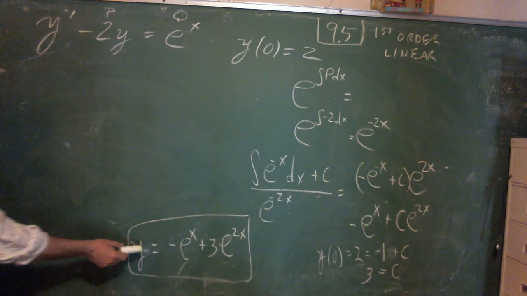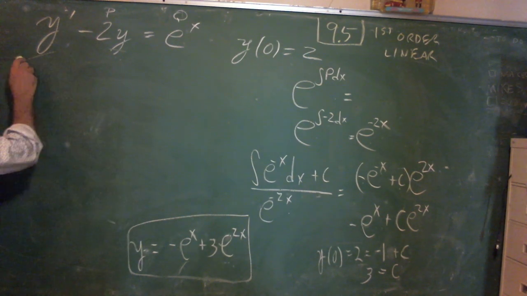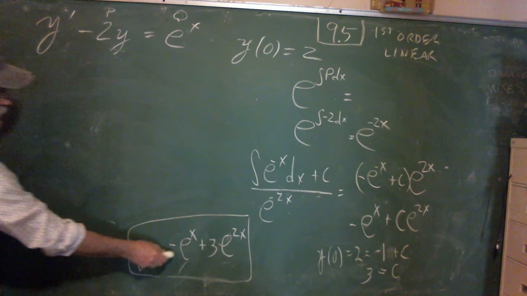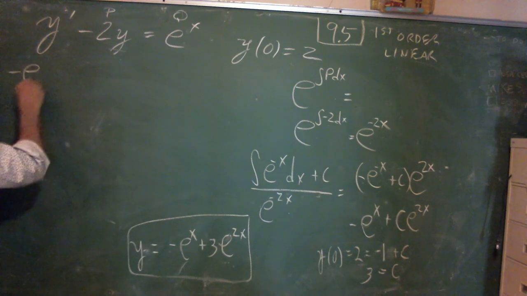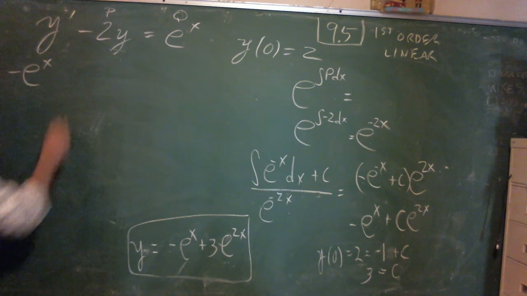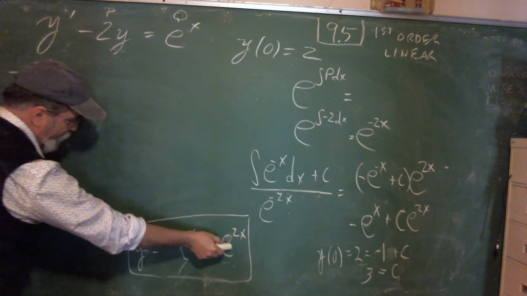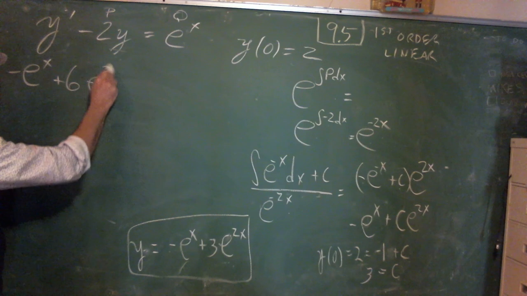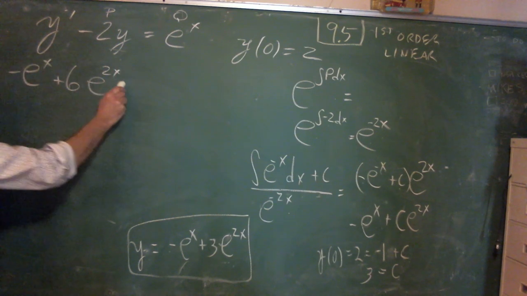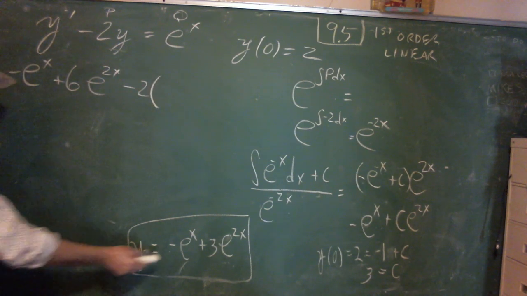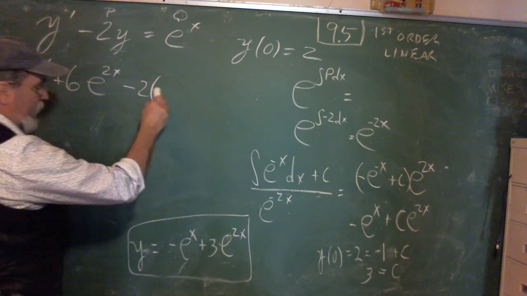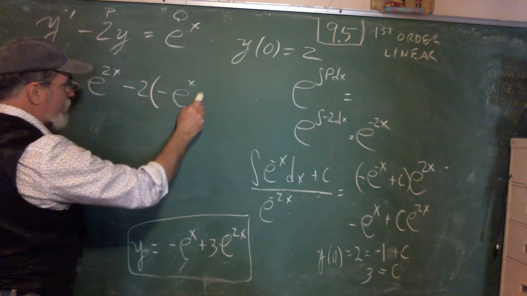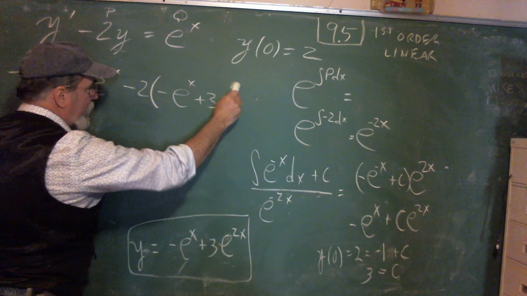So I'm going to take the first derivative of this. So that's y prime. The first derivative of that is going to be negative e to the x plus, and now the derivative of 3e to the 2x is 6 e to the 2x. So that's all y prime minus 2 times this thing here. So I'm going to have negative e to the x plus 3 e to the 2x.